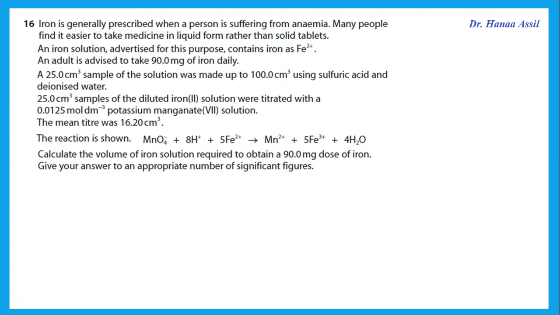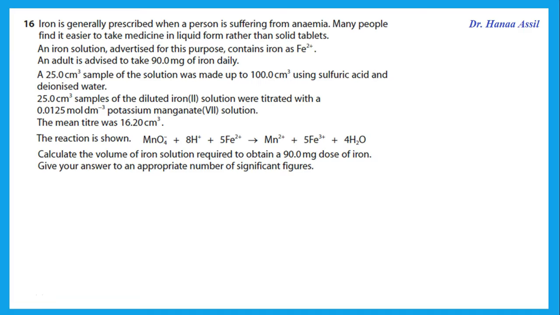Iron is generally prescribed when a person is suffering from anemia. Many people find it easier to take medicine in liquid form rather than solid tablets. An iron solution advertised for this purpose contains iron as iron 2+. An adult is advised to take 90 milligrams of iron daily. We have a 25 centimeter cubed sample of that solution.